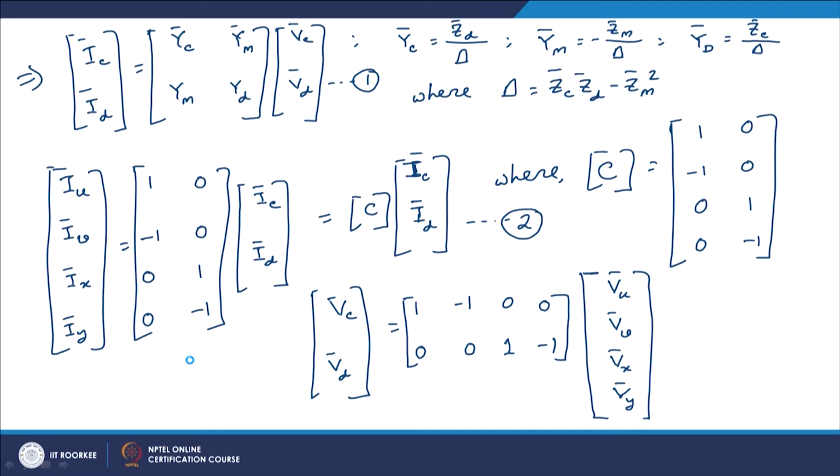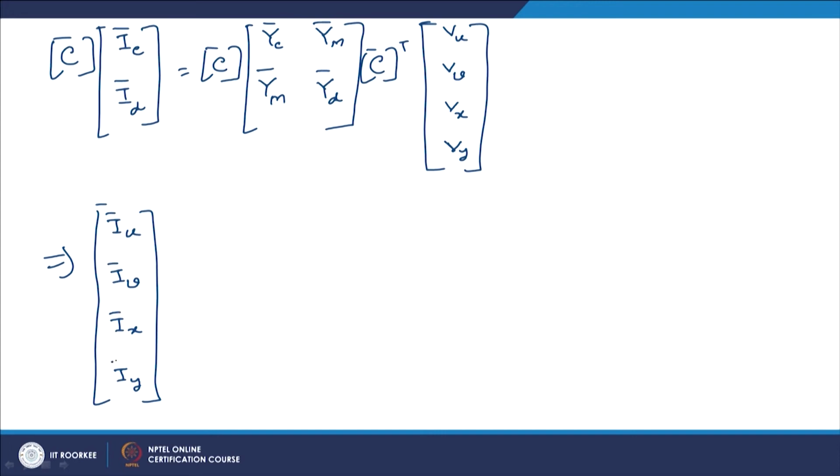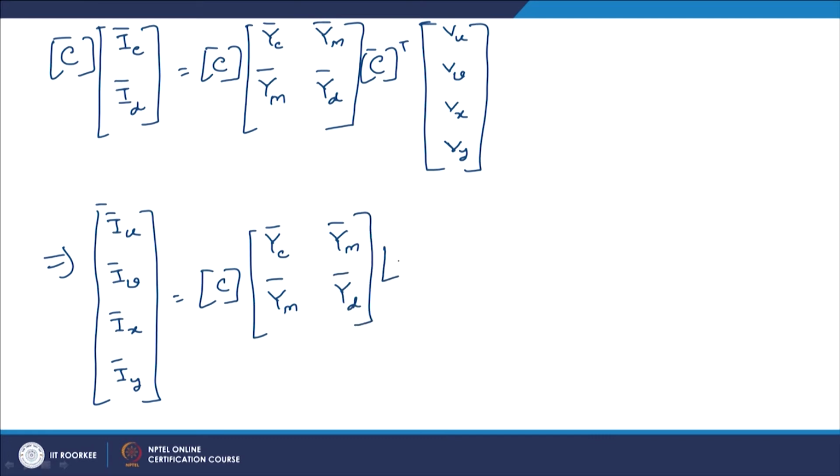So, if I utilize equation 2 here, we have IU, IV, Ix, Iy equal to matrix C YC YM YM YD C transpose VU VV Vx Vy.